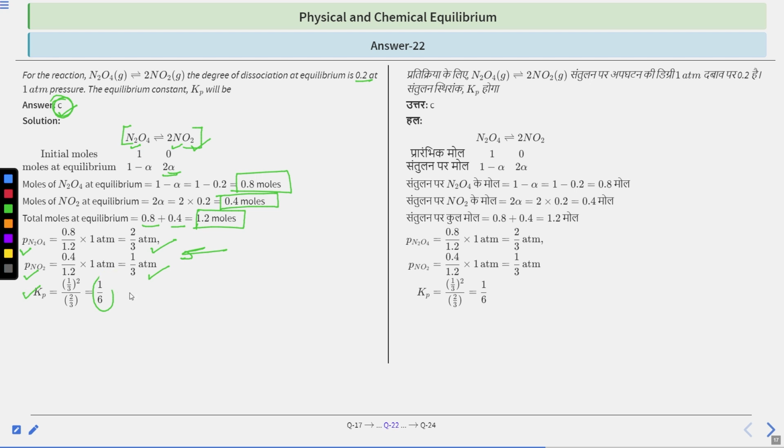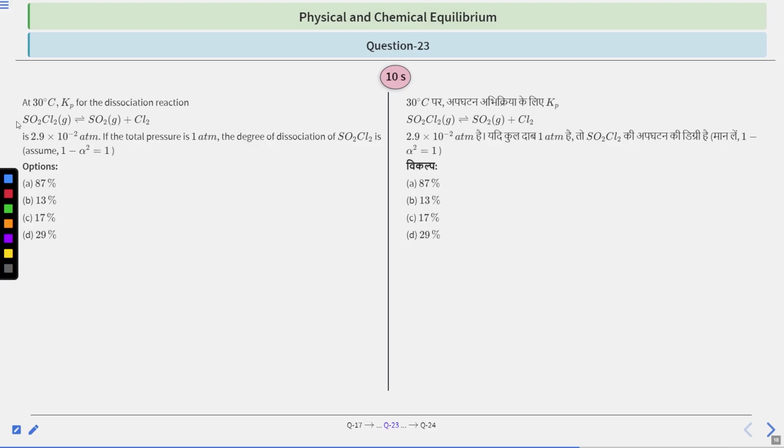Okay, so let's move to our next question, number 23. At 30 degrees Celsius, Kp for the dissociation reaction is 2.9 into 10 to the power minus 2 atmosphere. If the total pressure is 1 atmosphere, find the degree of dissociation of SO2Cl2.